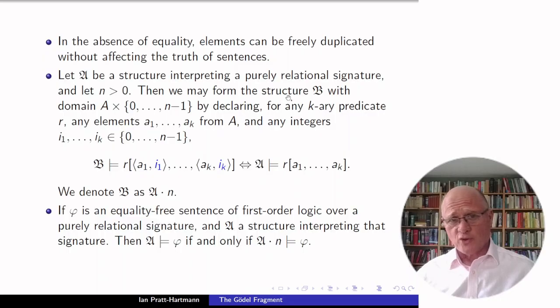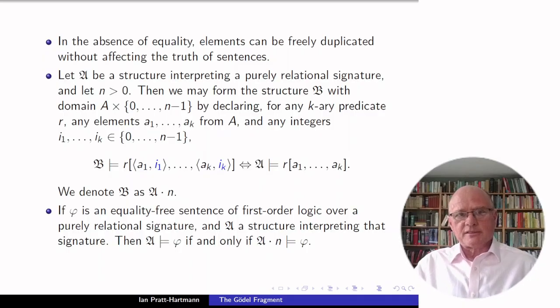What we can then do is form the structure B, whose domain consists of pairs of objects. The first element of the pair is simply an element of A, and the second element of the pair is an index between 0 and n minus 1. So you can think of the elements of B as indexed elements of A, indexed with numbers between 0 and n minus 1.